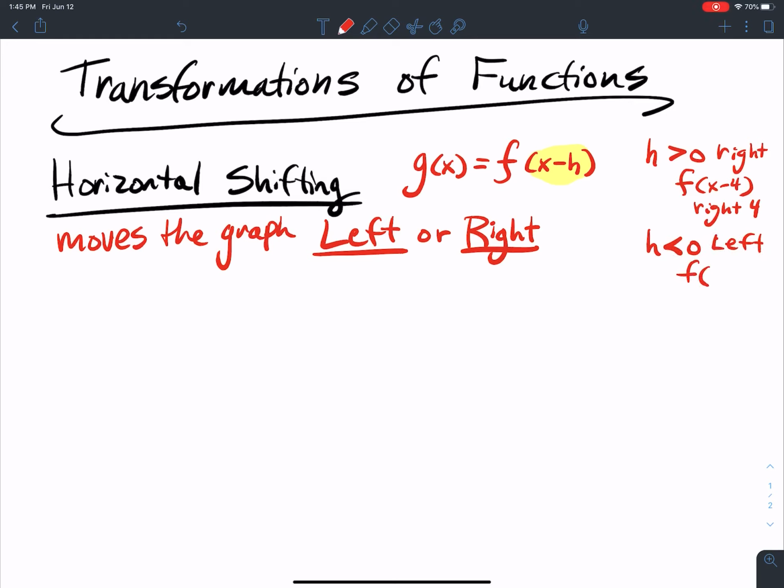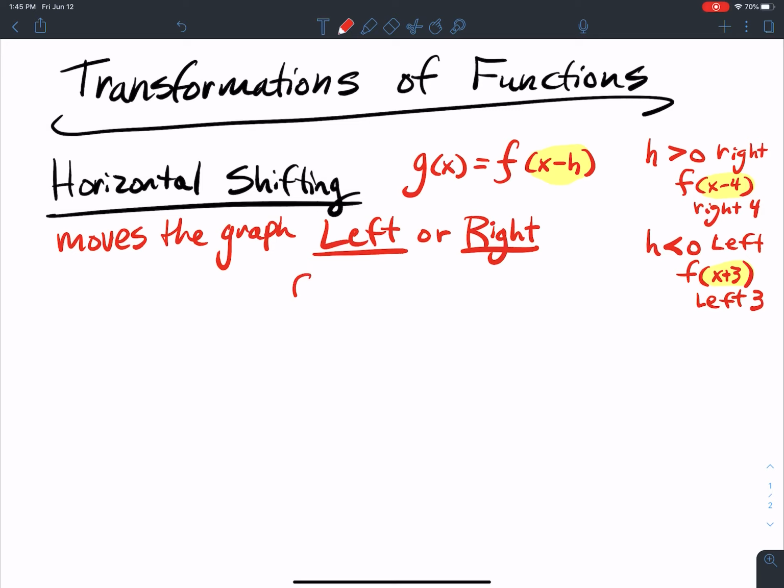So f of x plus 3 means I go to the left 3. Okay. So remember that minus minus we talked about in the other video. The horizontal shifting does the opposite of what you think it will do.